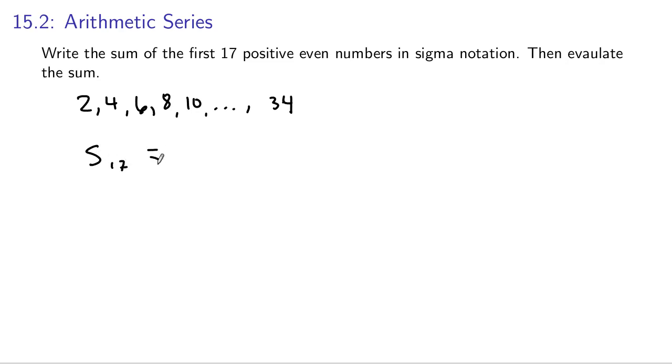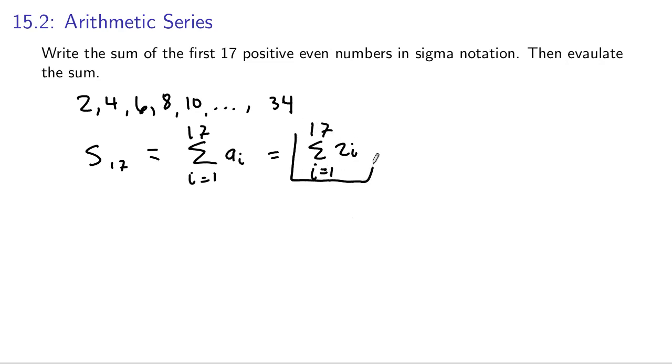S sub 17 equals the sum in sigma notation of i from 1 to 17 of a sub i. We know how to find a formula for an even number. It's just double whatever our index is. So if i is 1 to 17, we can write this as double i. Okay, that would be the answer to the first part.